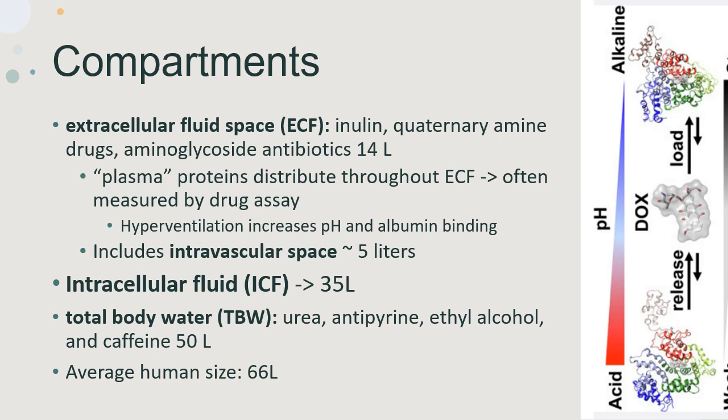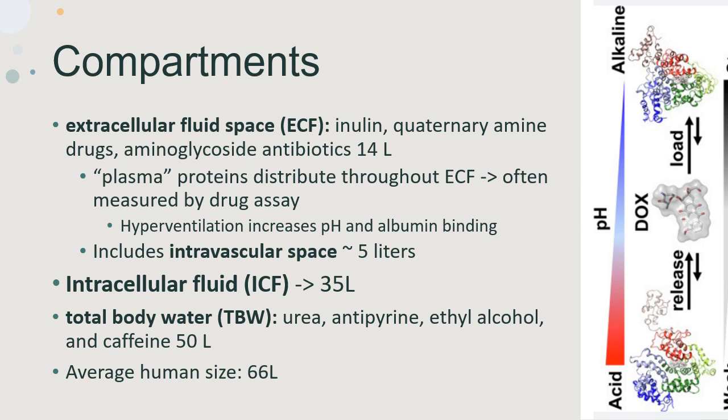And if you don't breathe as much, or you're in respiratory failure, your pH is going to drop, and so now you have less binding. Anyway, I just think that's interesting. But plasma proteins, 9 times out of 10, it's talking about albumin and binding to albumin.